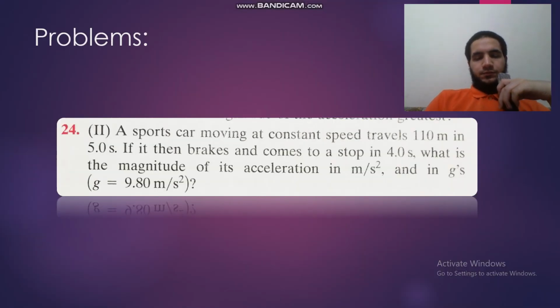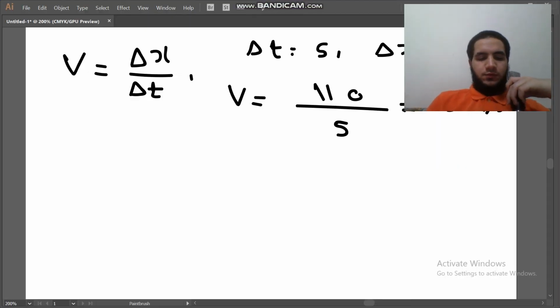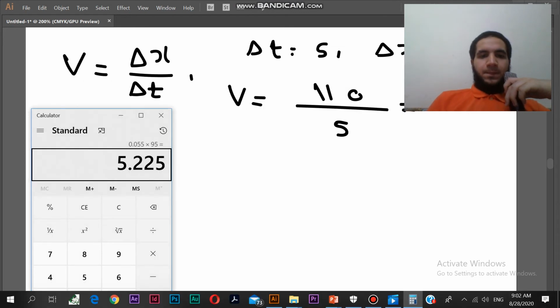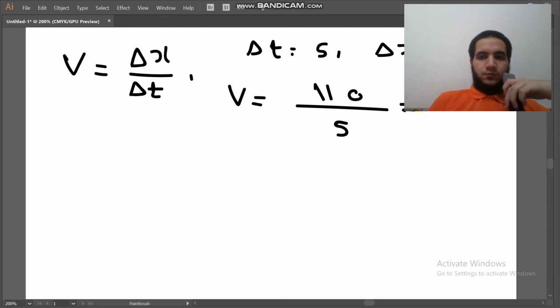Yeah. No. Excuse me. I'm so bad in math. 110 divided by 5 equals 22 meters per second. So this velocity will be our starting velocity. We would call it v1 equals 22.